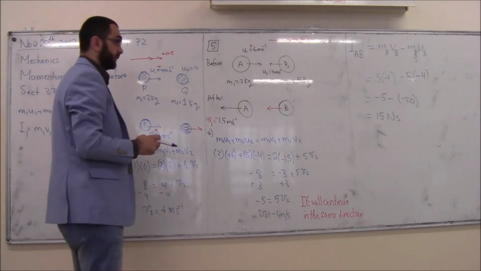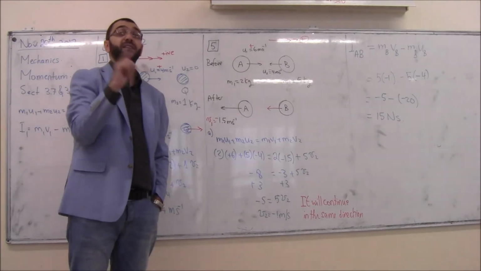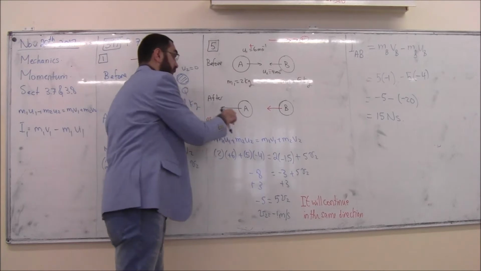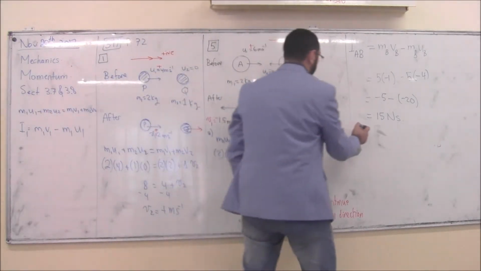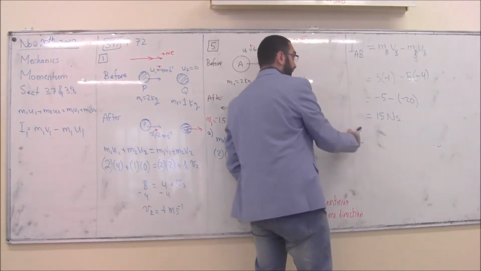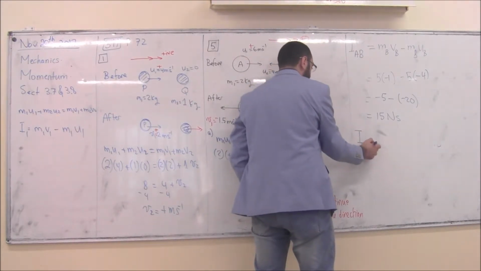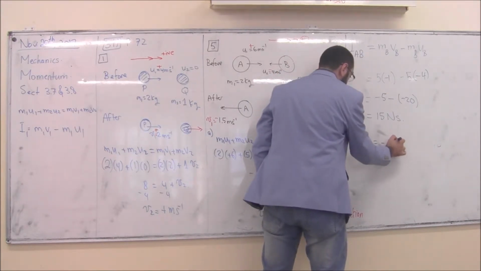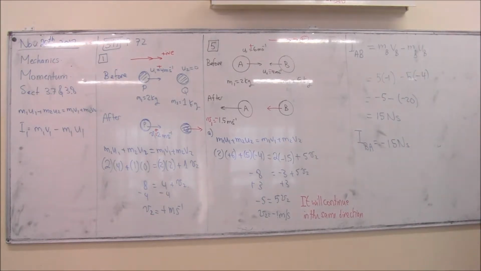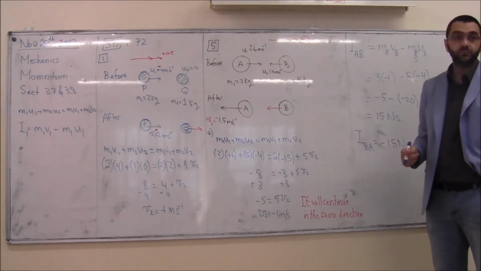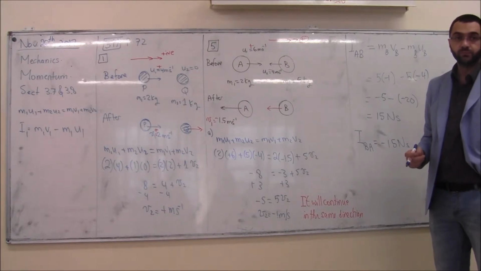My question now: if I calculate the impulse for A, what is the result? Same but negative. If I calculate B on A, it's the same impulse but in the opposite direction. A student asks whether the impulses are equal.